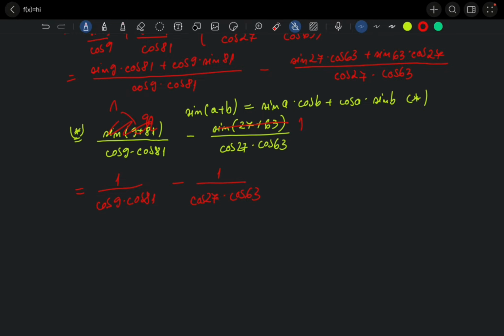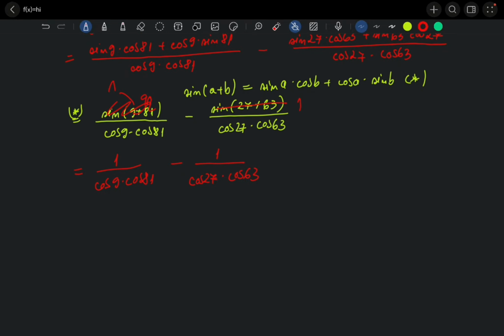So what do we know about these angles? Well, one property that these complementary angles have is that cosine of 90 degrees minus x is equal to sine of x, where x is an angle measured in degrees.